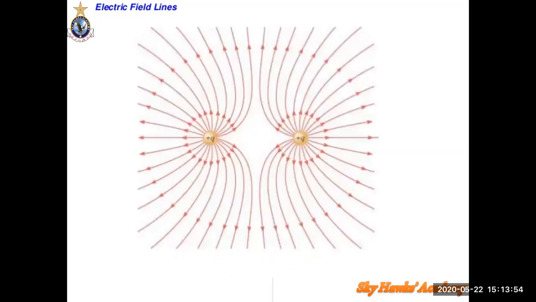Let's see the next one. Then there's a diagram of a positive point charge, and the electric field lines are moving away. Repulsion. Both charges are positively charged, so the electric field repels.